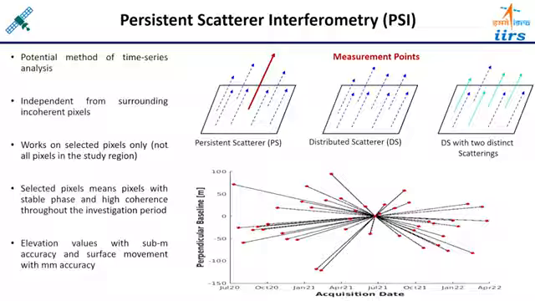If the point is not changing very much, then whatever phase difference you calculate and convert into path difference, or you can say the deformation, will be very, very accurate. So the accuracy of such measurements will be very high, or you will achieve millimeter scale accuracy.